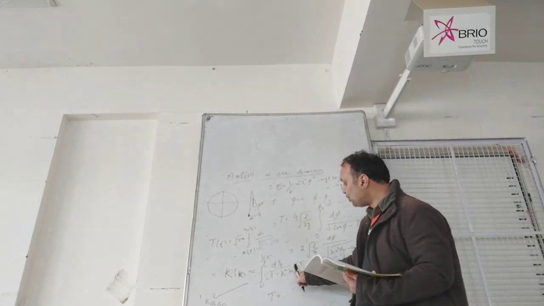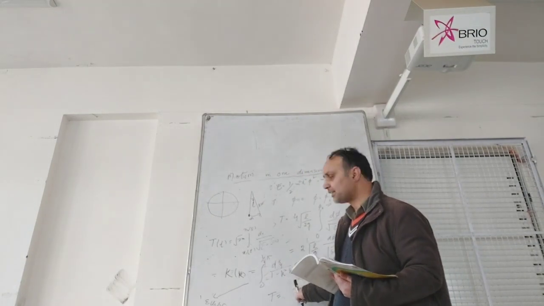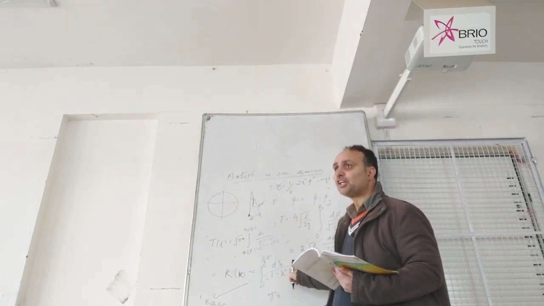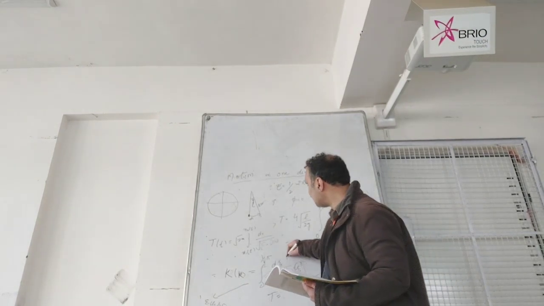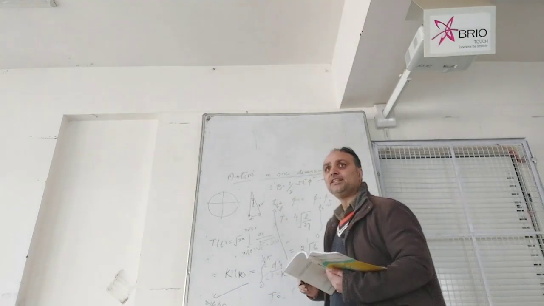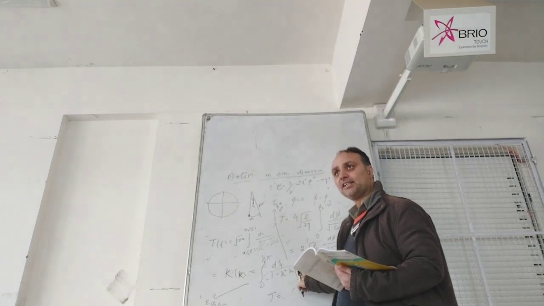ठीक है. अब इसी को if you want to just expand, if you want to open up this integral in terms of sine function, so there will be different terms. So it will be as a homework exercise. You just try to expand this integral in terms of sine.